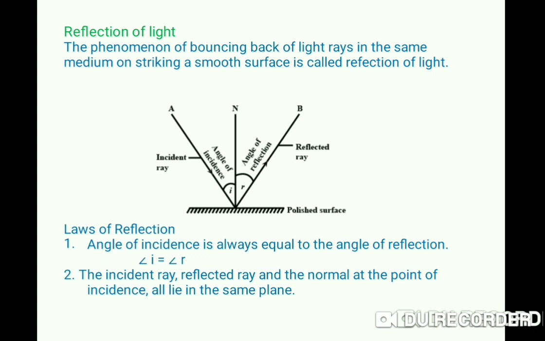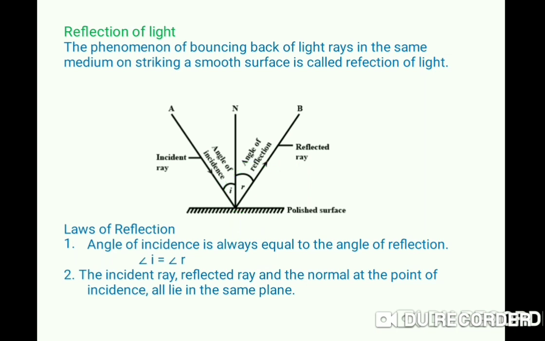In the same topic, we discussed laws of reflection. There are two laws of reflection. First one, the angle of incidence is always equal to the angle of reflection. This is the angle of incidence, and this is the angle of reflection.